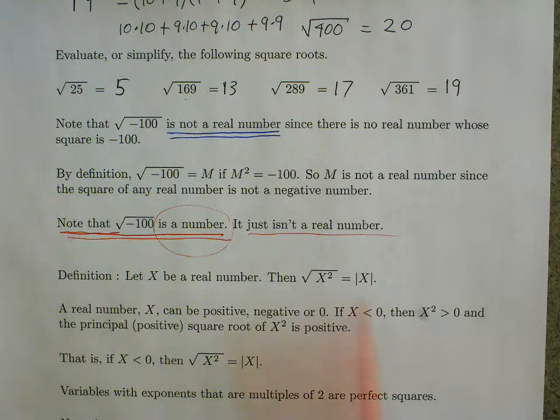When we square a real number, we get a number that's not negative. So x squared is either positive or 0. And so the principal square root of x squared is the absolute value of x.